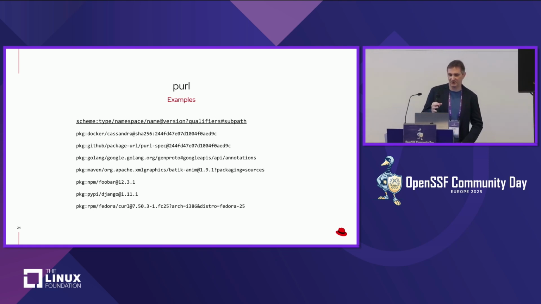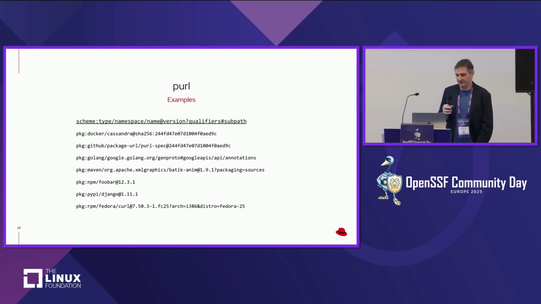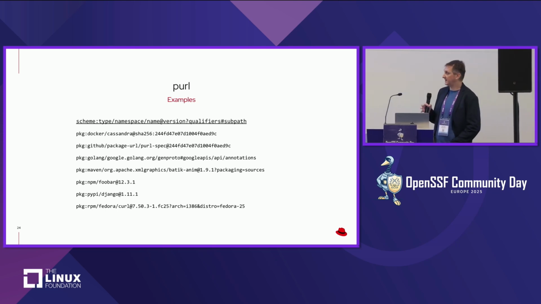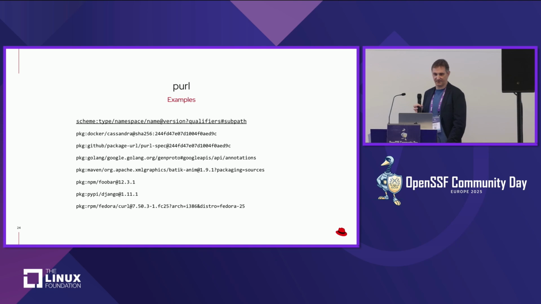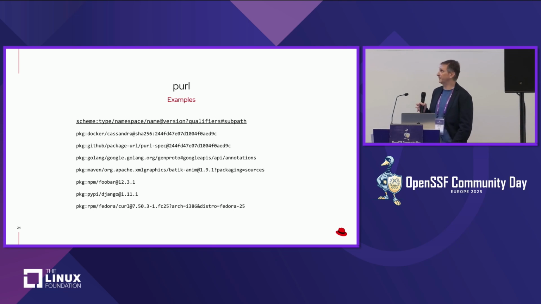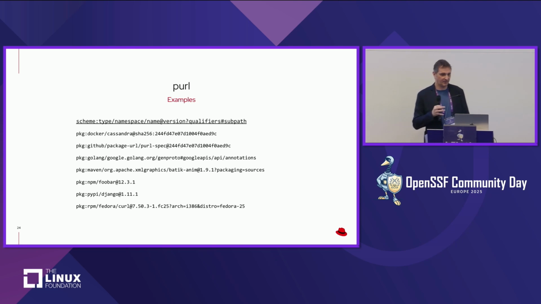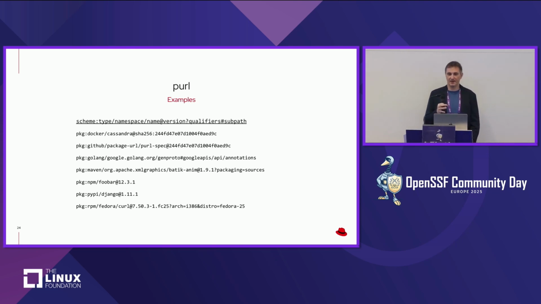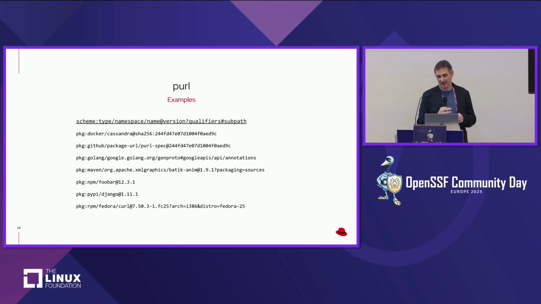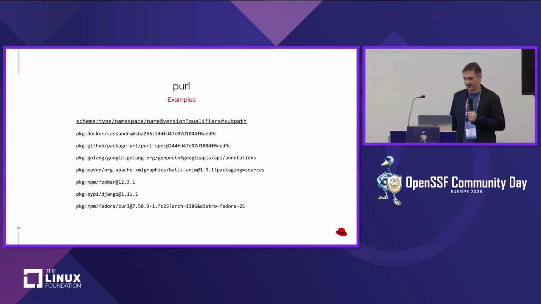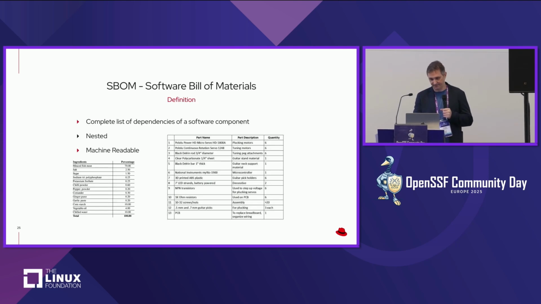So the packages are classified into those. And then instead of the vendor and the name, we have this namespace within this ecosystem. So for example, a GitHub organization, and the name of the software library, followed by its version, and an unlimited number of qualifiers that can further on help us identify the software, right?